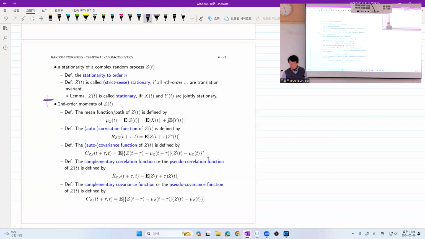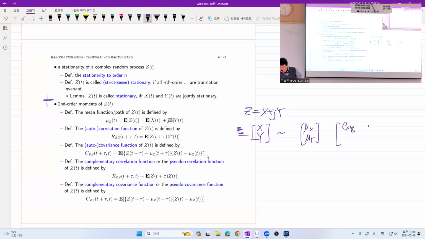And let me remind you, suppose Z is a complex valued random variable, then Z is equivalent to this two-dimensional real random vector. And at least this has a mean vector and covariance matrix.